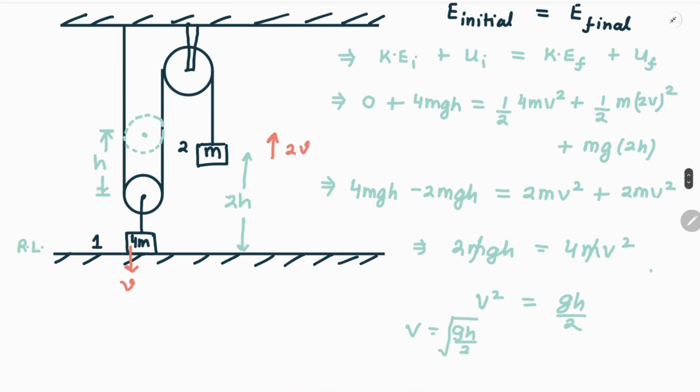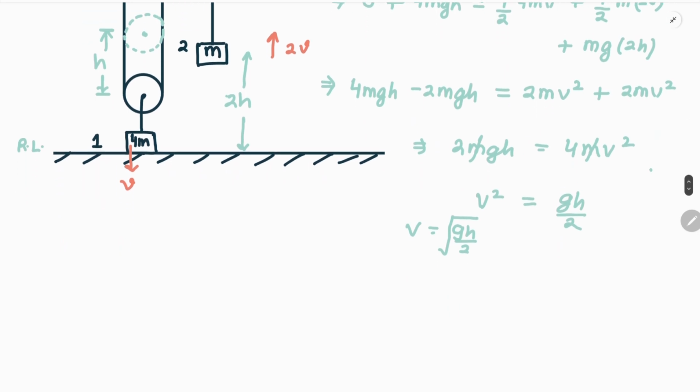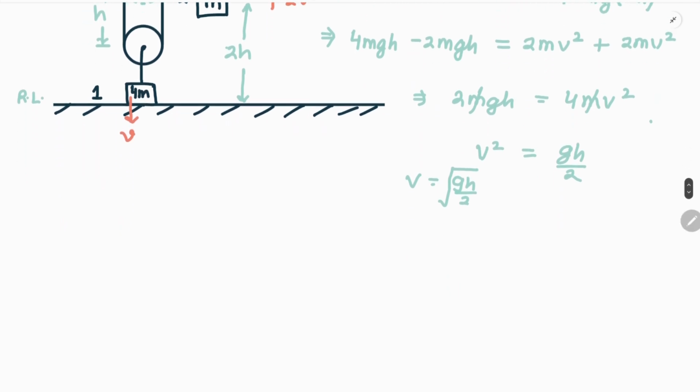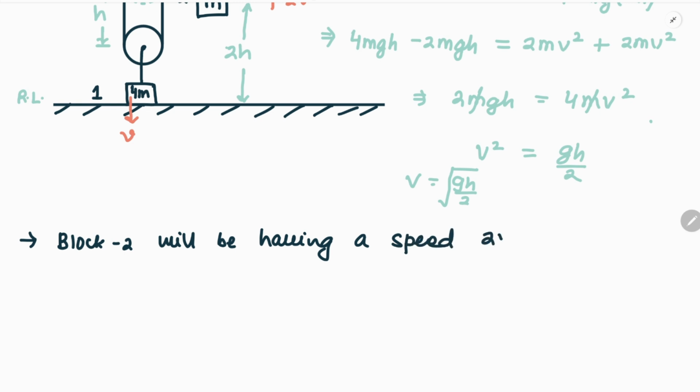Now if we proceed with the problem further, block 2 will have a speed 2v in the upward direction.